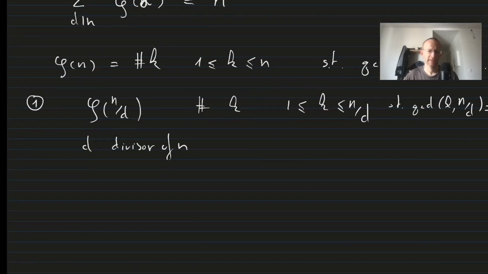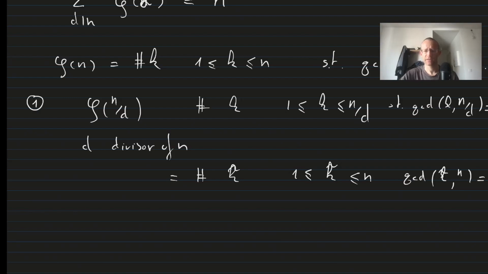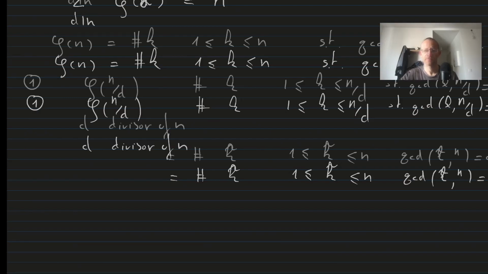But this is the same as the number of elements k tilde, such that 1 is smaller or equal than k tilde is smaller or equal than n, and the GCD of k tilde and n is equal to d, because we can just take k and multiply by d to get k tilde.